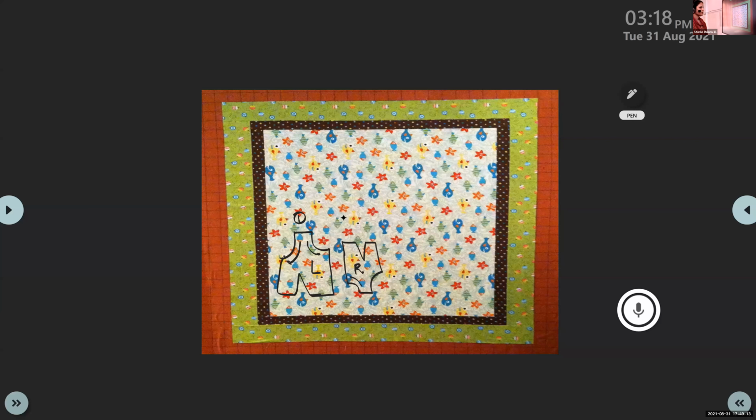Just analyze the pattern of this particular fabric and the way I have kept the left side pattern and right side pattern on this piece of fabric. And let me know what will happen if we join the left side and right side together.